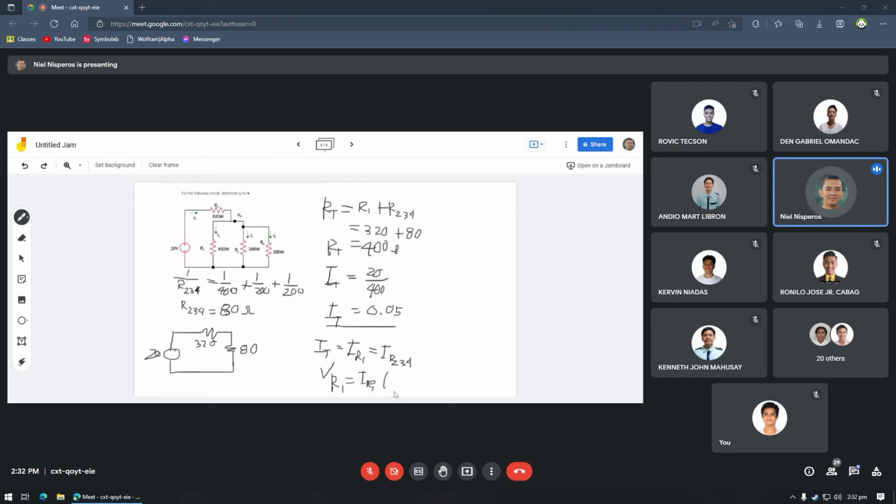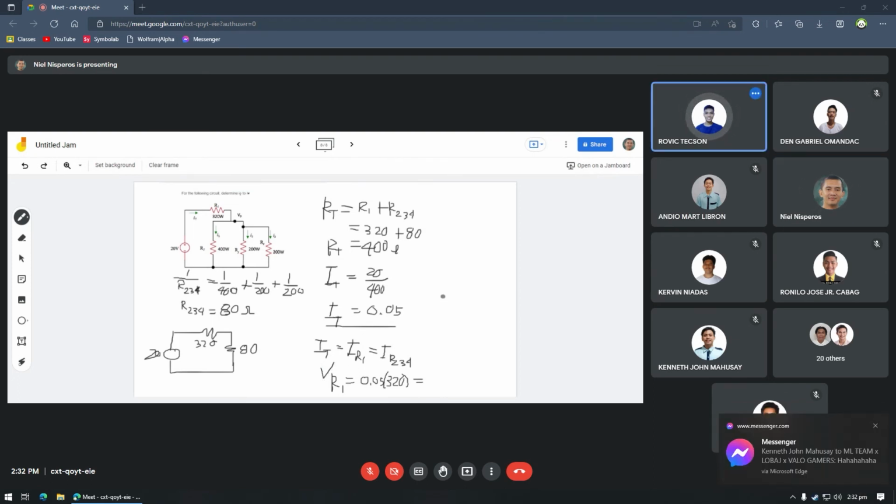Substitute here I1, sorry, I1 is 0.05. How much is our voltage across R1 now? 16 volts.